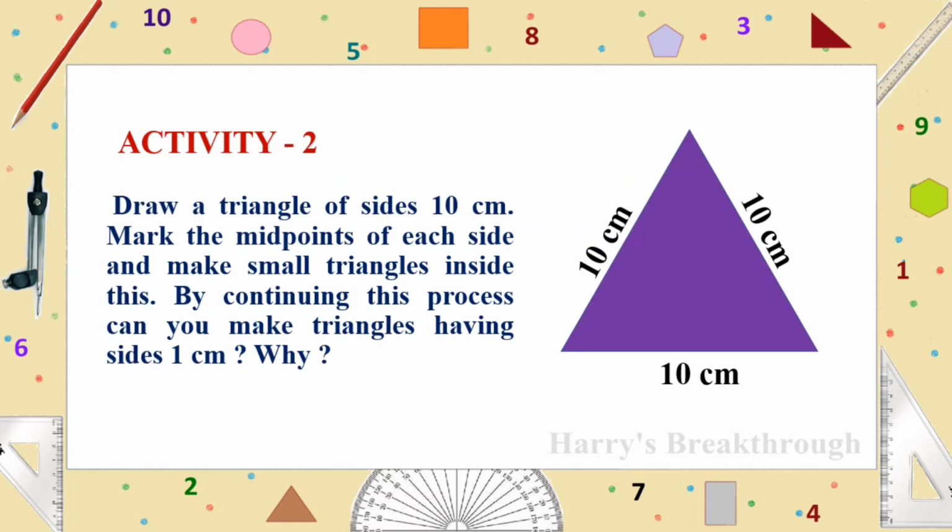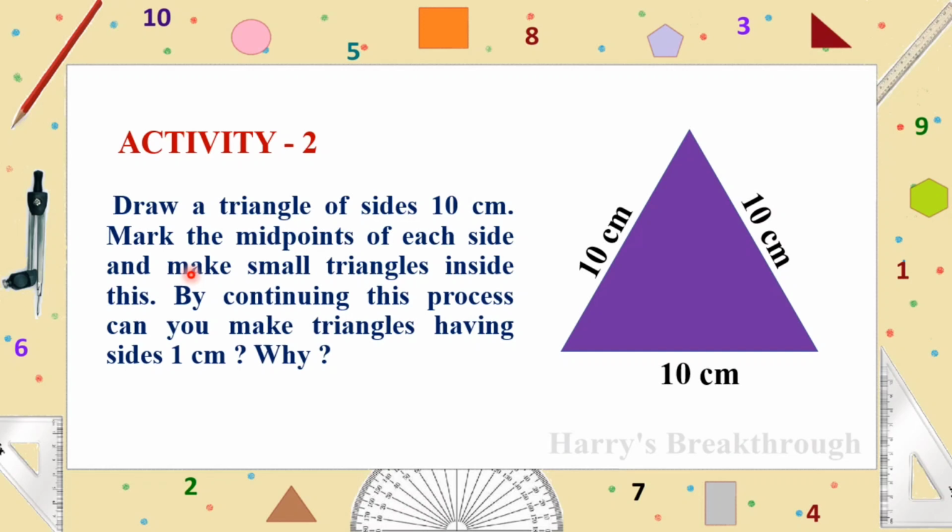And the second activity is do the same process, but you have to take the side of big triangle as 10 centimeter. Draw a triangle of sides 10 centimeter. Mark the midpoints of each side and make small triangles inside this.